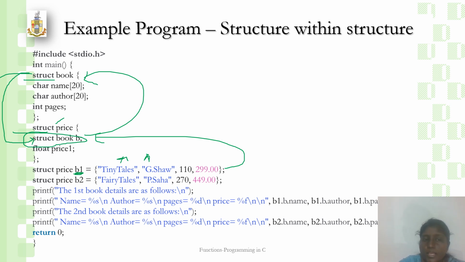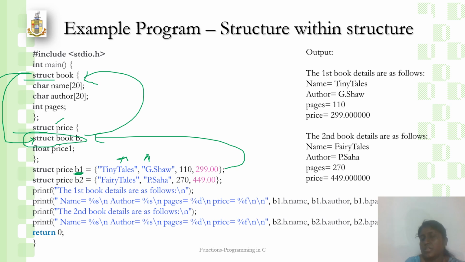If you want to take the price value also, you can specify the structure variable of this structure price. So B1 dot B dot name, B1 dot B dot author, B1 dot B dot pages. Okay, so now the output will be this way.